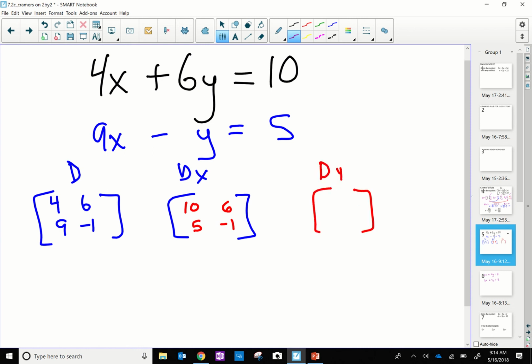The dy matrix, the 4 and the 9 are still going to be on the left like the original, but now 10 and 5 are going to go there. So for the dx, your answers go in for x. For the dy, your answers go in for y. And then we find the 3 determinants, which is usually pretty easy to do.